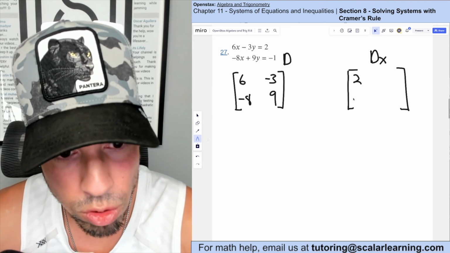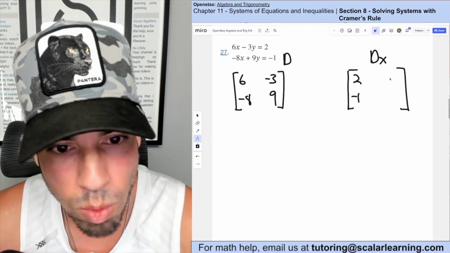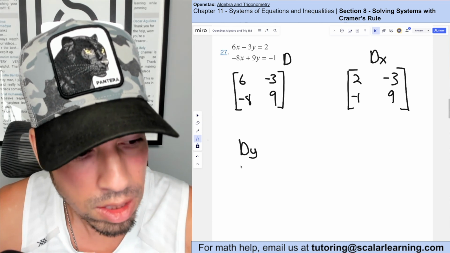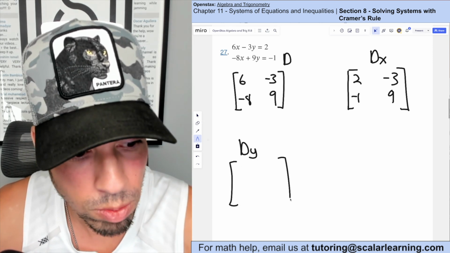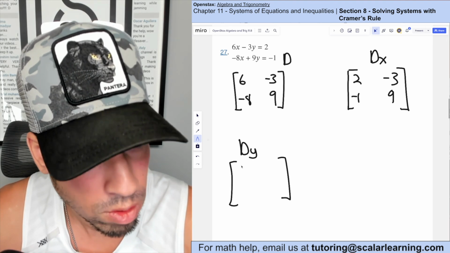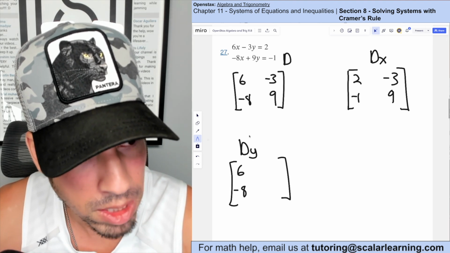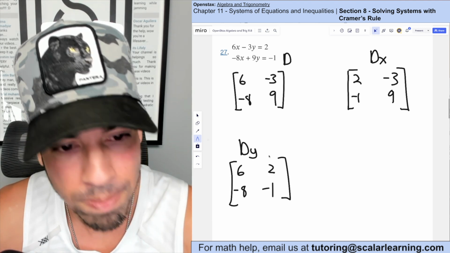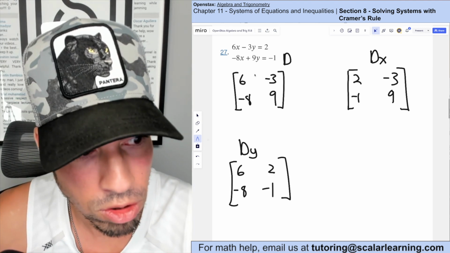So we're going to have 2, negative 1, and then the y is negative 3 and 9. And then we're going to calculate the determinant of this y matrix, where we take that same matrix and leave the x's in the mix and replace the y's with these constants, 2 and negative 1.